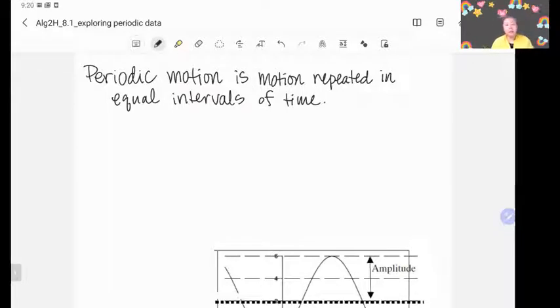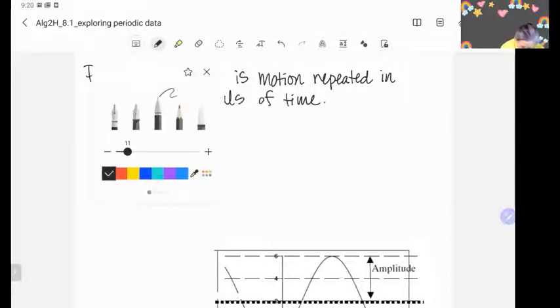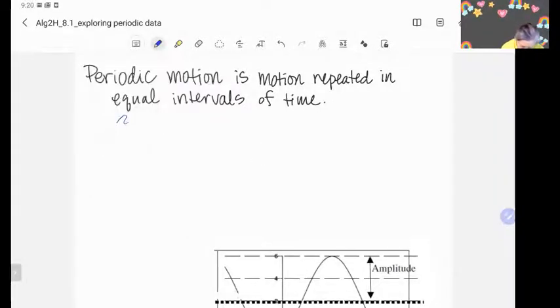Okay, then what could be examples of this periodic data? So, examples. Cardiograms.